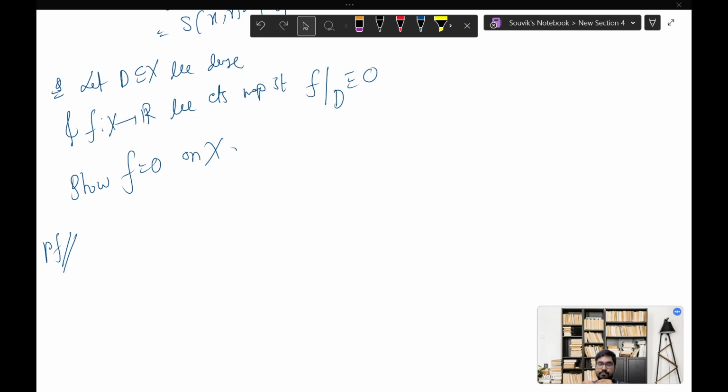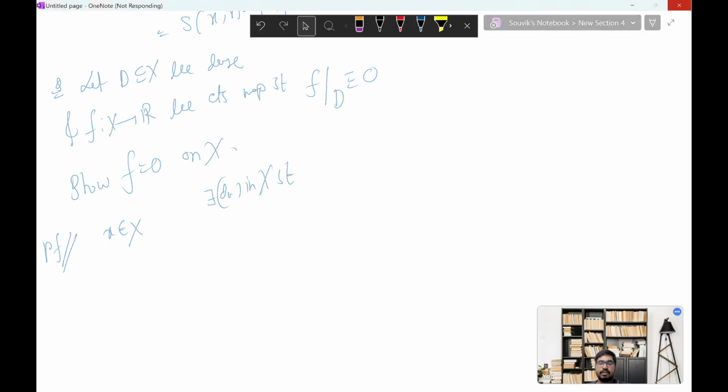So how to do it? The thing is that if we take any x belonging to X, there is a sequence d_n in D such that this sequence d_n converges to x, right?